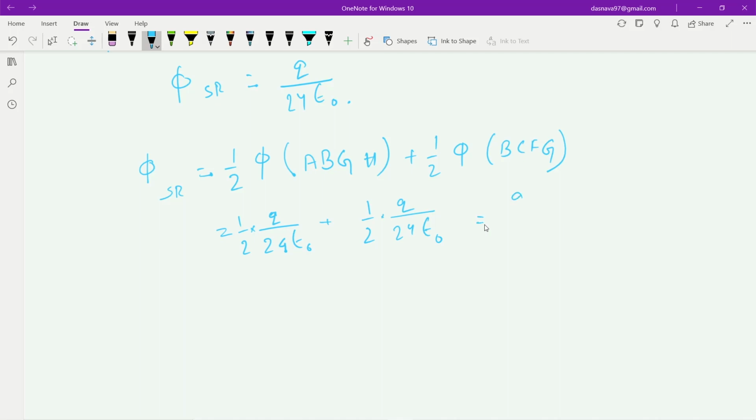So the result will be Q by 24 epsilon naught.